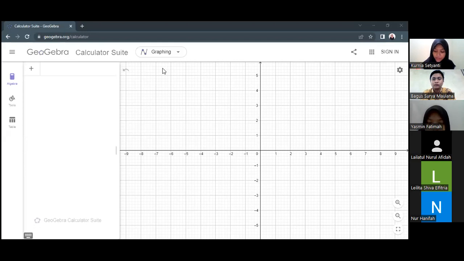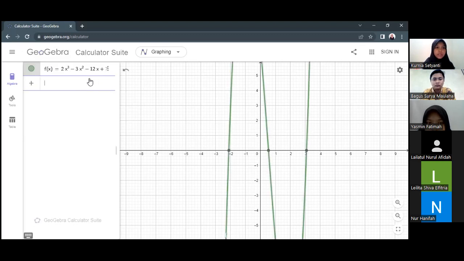Okay, we are from group 2 and for the presentation we will show our discussion. For the problem, we have the function 2x cubed minus 3x squared minus 12x plus 7. Here, we need to look for the x values where the function is always decreasing. For that, we will look for the first derivative of our function.